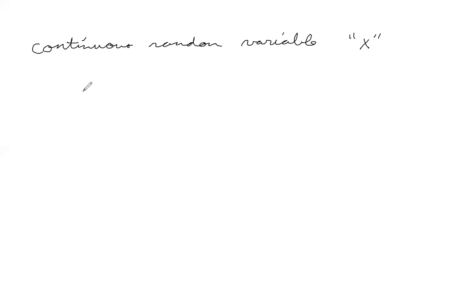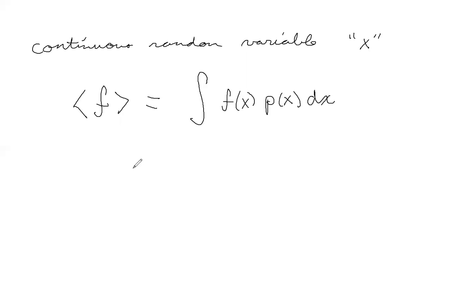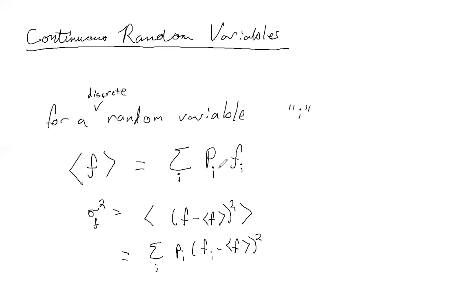So if there's some quantity, I'll just call it F, borrowing from before, I'm going to extend the previous definition by passing from a sum to an integral. Instead of the sum over i, it's going to be the integral over X of F of X times the probability of each outcome X, integrated over all possible outcomes. That's the natural generalization of the discrete definition.